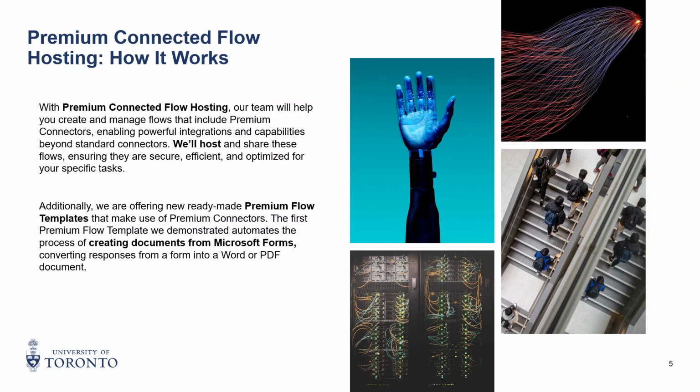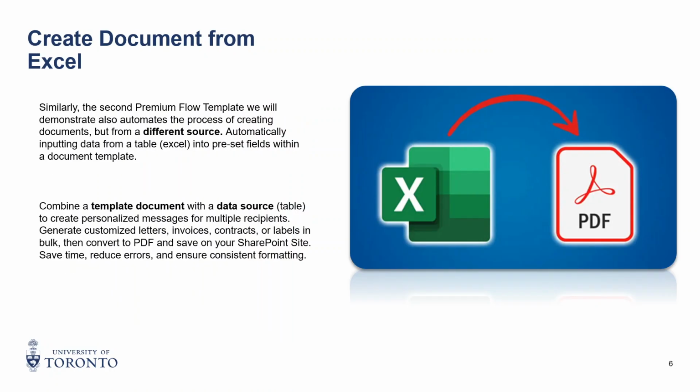The first premium flow template we demonstrated automates the process of creating documents from Microsoft Forms, converting responses into a Word or PDF document. So that was like I was talking about in November, we showed that one off. And this one here, similarly, the second premium flow template we will demonstrate also automates the process of creating documents, but from a different source, automatically inputting data from a table into preset fields within a document template.